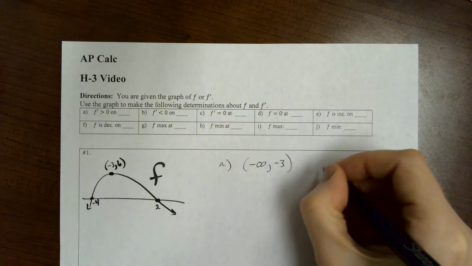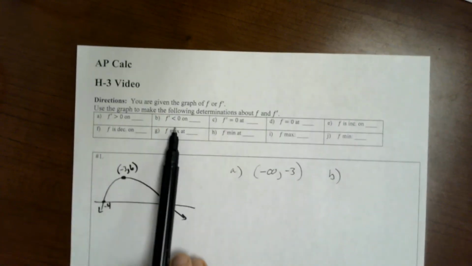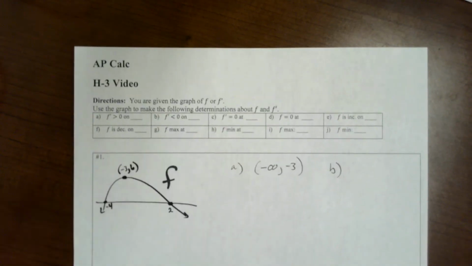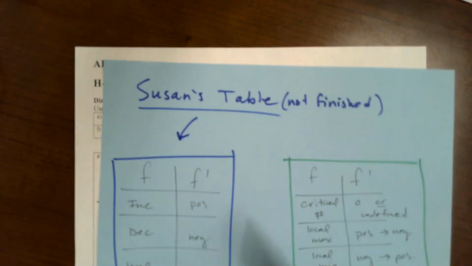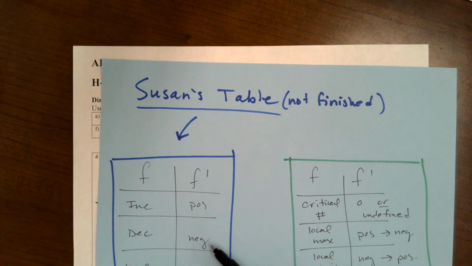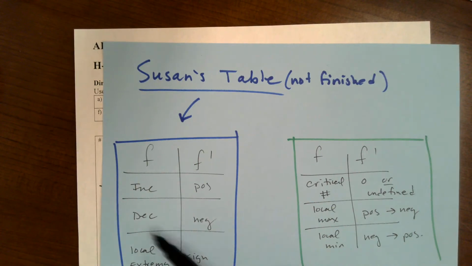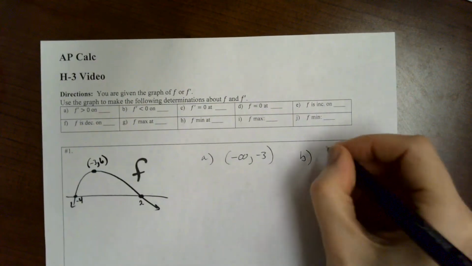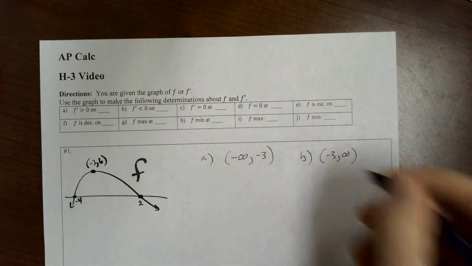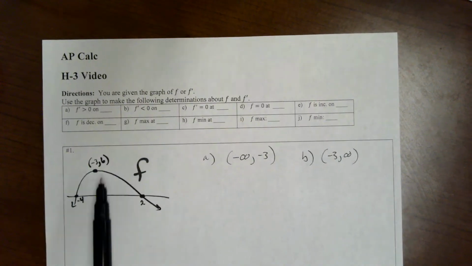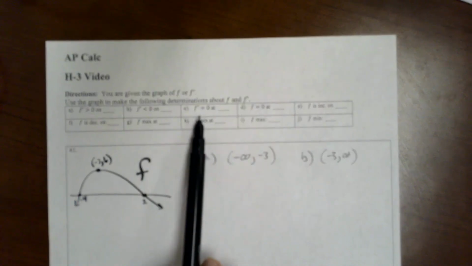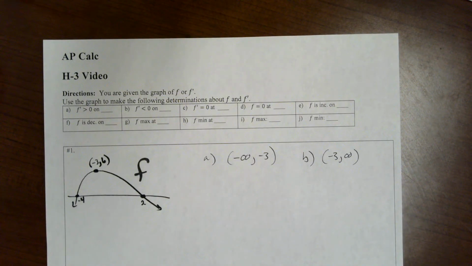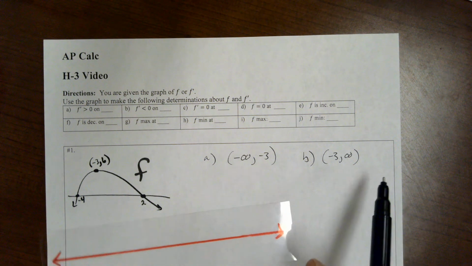Now we'll do part B. F prime is less than 0 on, so F prime negative. That's going to happen where F is decreasing. So that would be from -3 to infinity. F prime equals 0 at, you could think of a horizontal tangent.